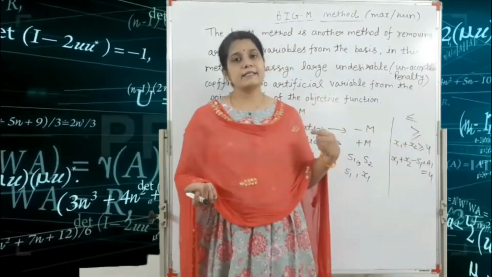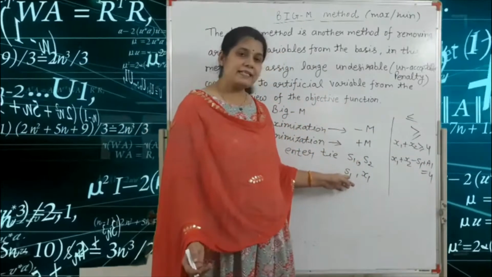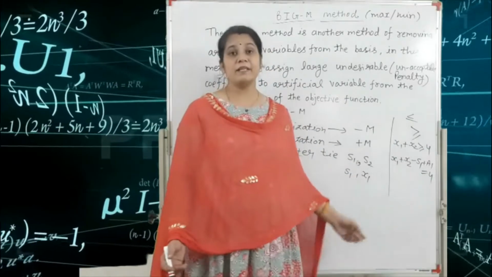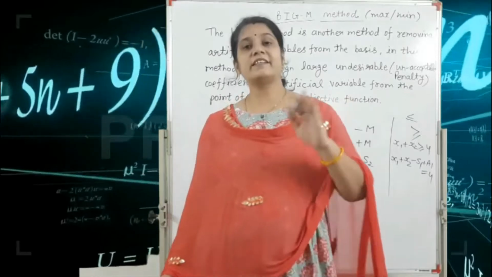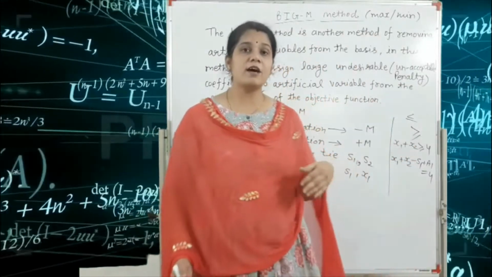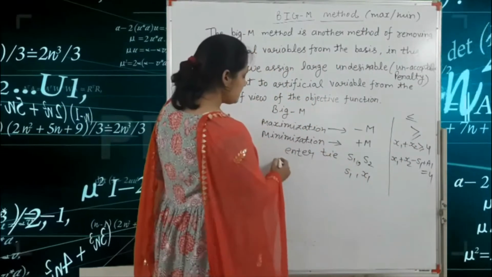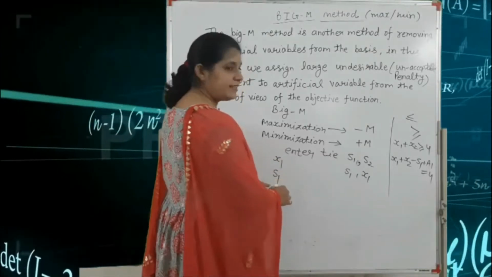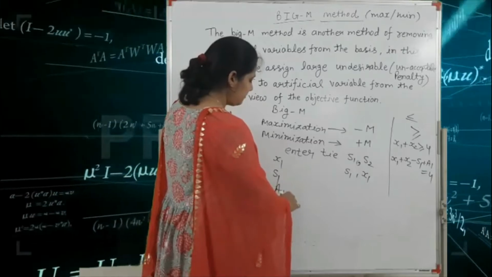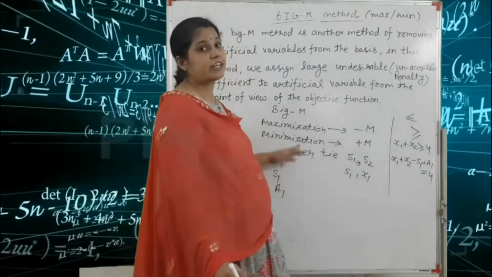But if there is a tie between a basic variable and a decision variable for the entering variable, you always consider the decision variable, because the sequence is: first the decision variable, second the basic variable, and third the artificial variable for entering the variable.